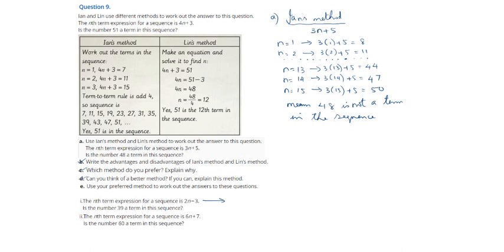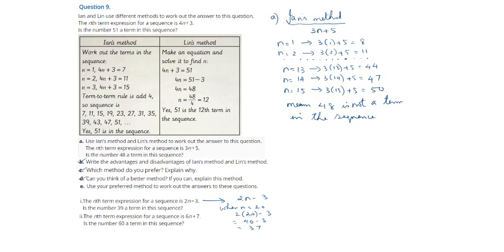The given expression is 2n minus 3. When n is equal to, let us take 20. This is 2 times 20 minus 3, which is equal to 40 minus 3, which is 37.